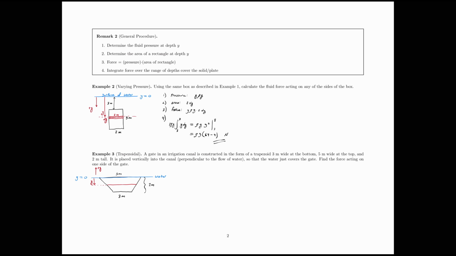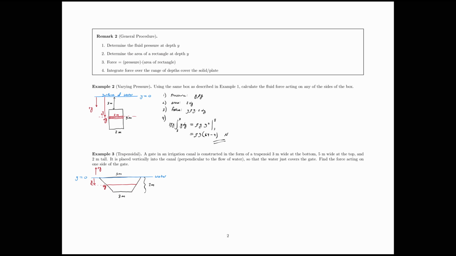What we need to know here is really the width of this, or the length of this line segment. Here, the thickness of my line segment is dy, so I'll go ahead and write that in. Okay, so figuring out the width is going to depend on these two lines.